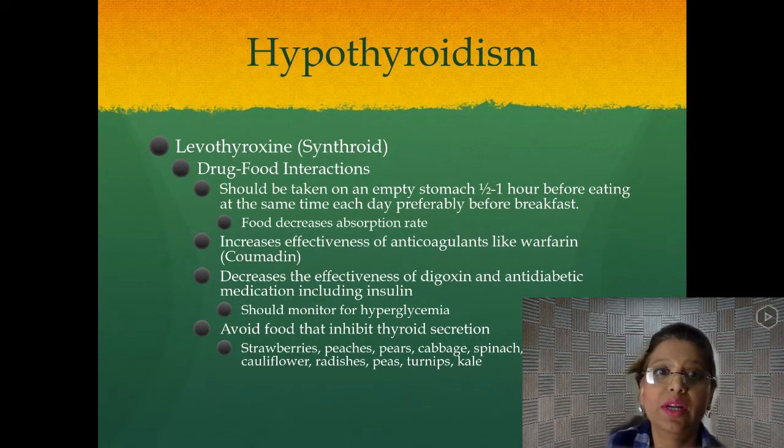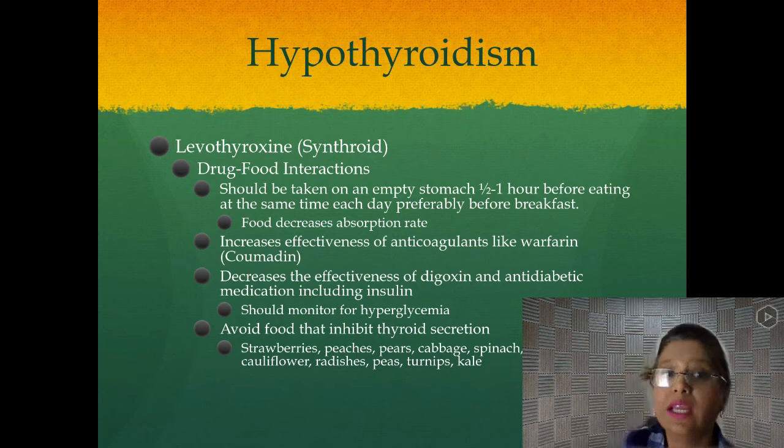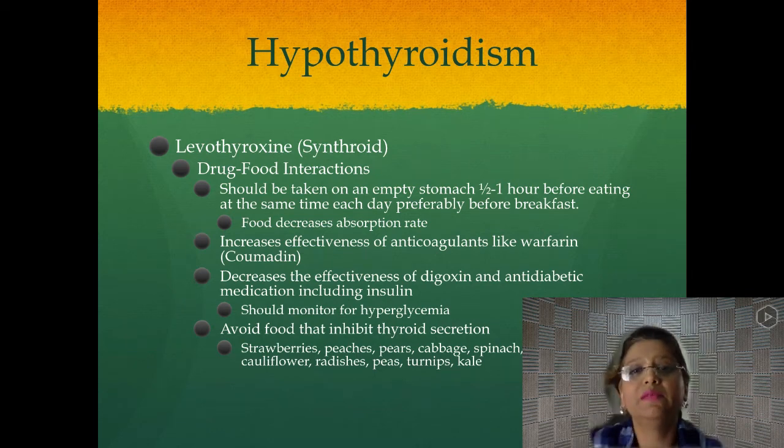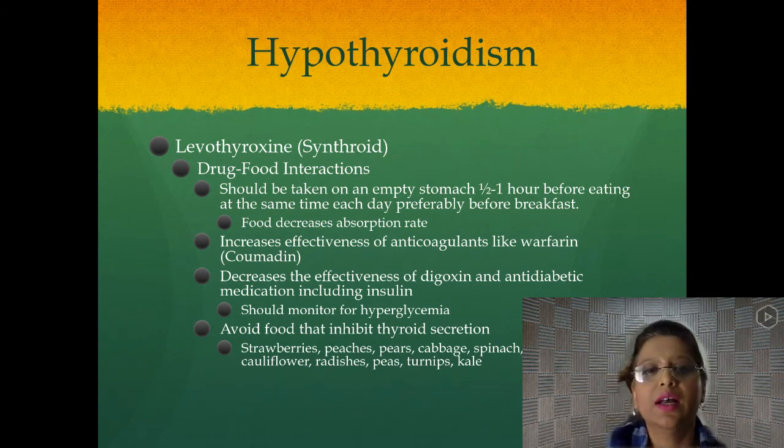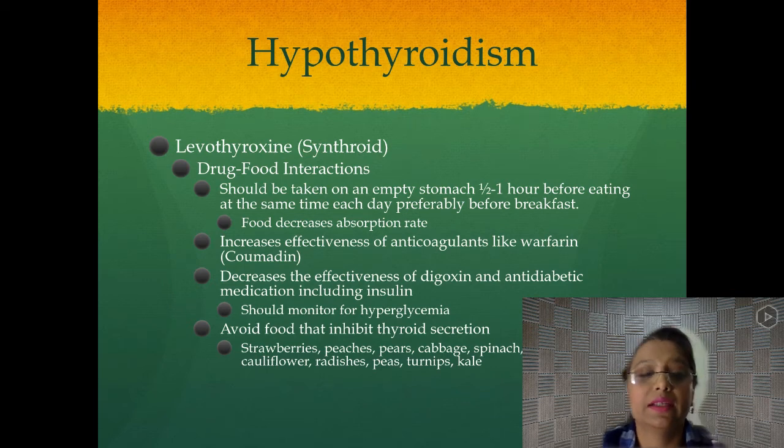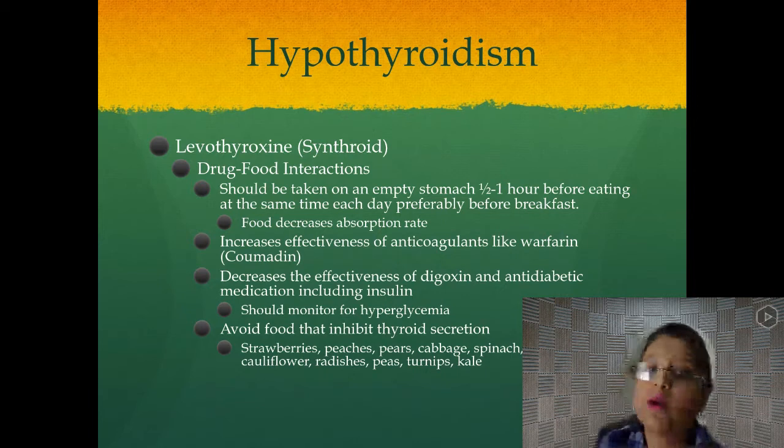What are the food and drug interactions? It should be taken on an empty stomach 1.5 hours before eating, at the same time each day, preferably before breakfast. It increases the effectiveness of anticoagulants such as warfarin. This is something to memorize; read it multiple times and you'll memorize it.